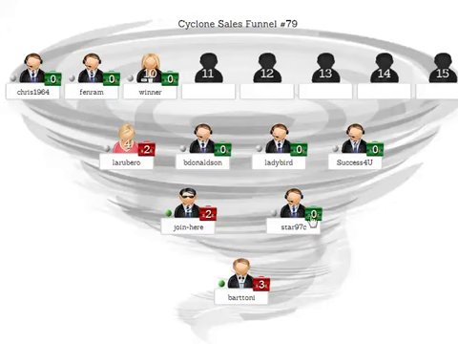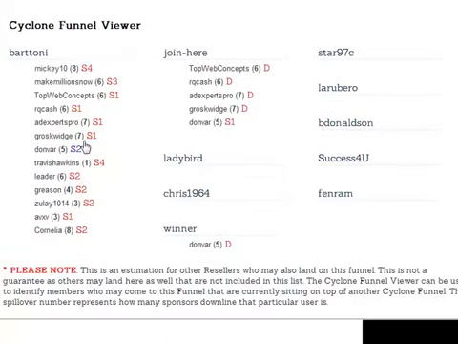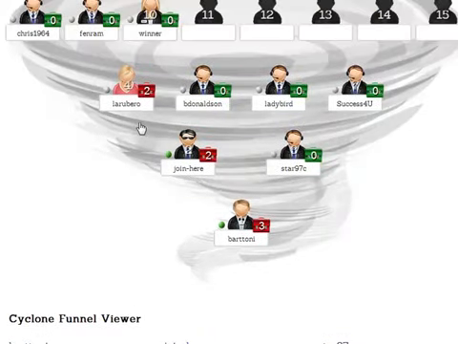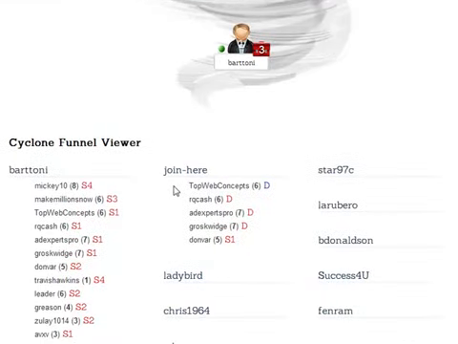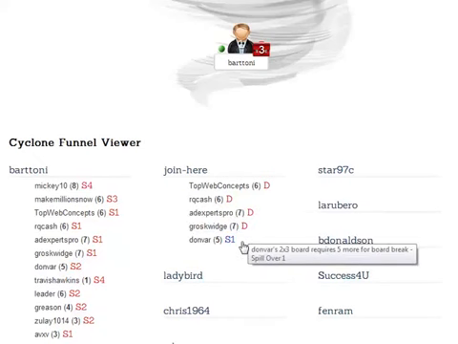Before I carry on confusing you, we'll scroll down again here, and you'll see what's called a Cyclone Funnel Viewer. Here you can see who is going to be coming into this funnel. If you look at join here, which is myself, you can see that I've got 1, 2, 3, 4, 5 people on my team that are going to come into this funnel at some point.